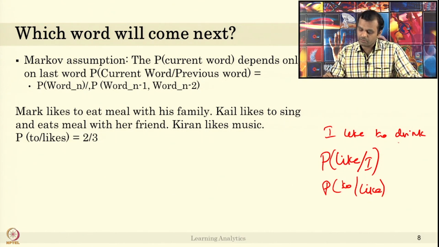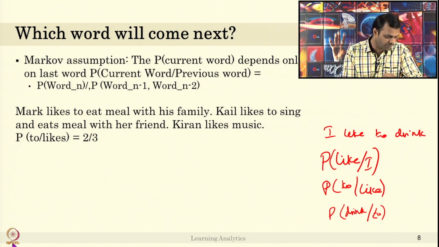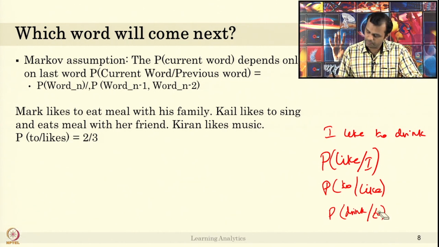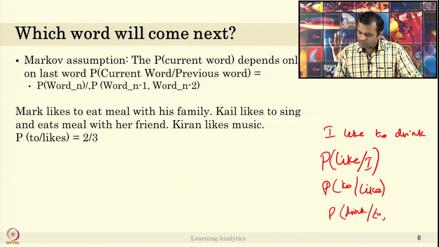"To drink" is not possible, you know. For example, the probability of "drink" given "to" is not high. But consider if I have a probability where the previous word is "to" and the previous-to-previous word is "like".